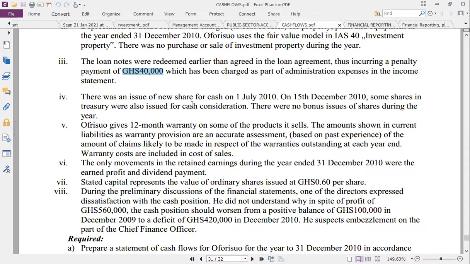There was an issue of shares for cash in July 2010. On 15 December 2010, some shares in the treasury were also issued for cash consideration. There were no bonus issue of shares during the year. Now, if there's no bonus issue, don't worry yourself.